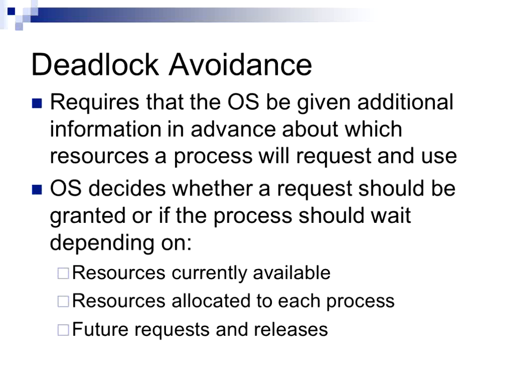We can also try to avoid deadlocks. In order to avoid deadlocks, the operating system has to know ahead of time what resources a process will request and use. That way the operating system could decide whether or not to give a process the resources depending on what resources are currently available, what resources are allocated to each process, and what's going to happen in the future.